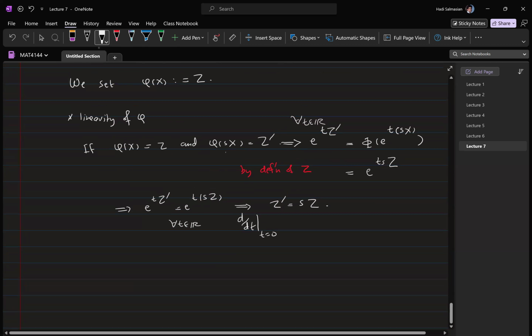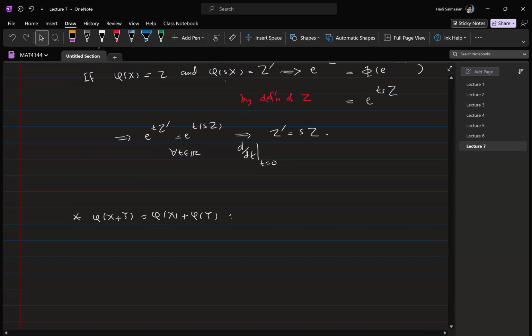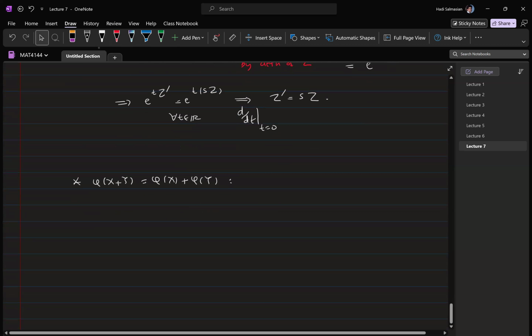What about preserving addition? That's a little bit more tricky, and this time, not surprisingly, we have to use this Lie product formula. So phi of x plus y equals phi of x plus phi of y. It's part of linearity, so I shouldn't have separated it, but it's clear what I'm doing. So how do we verify this?